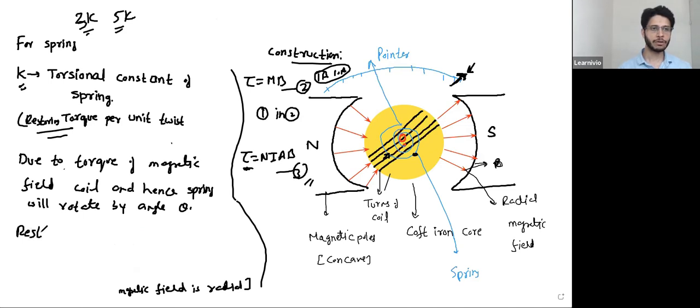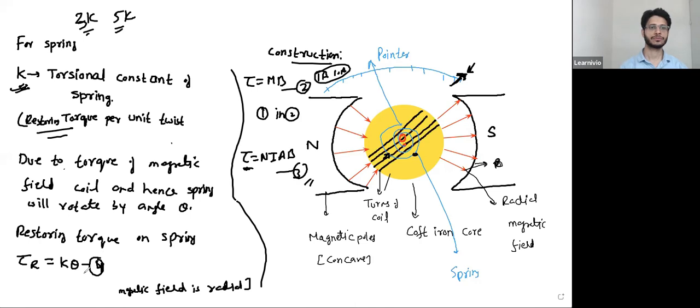Then can you decide how much is the restoring torque? For unit rotation, restoring torque is K. For theta rotation, how much is the restoring torque? Yeah, it would be K theta. That is equation number 4.